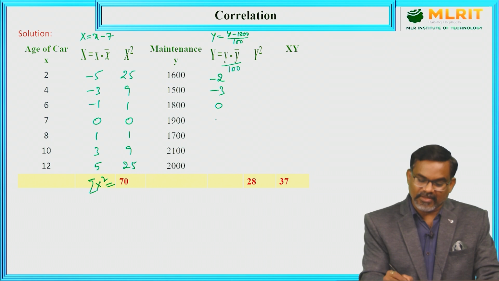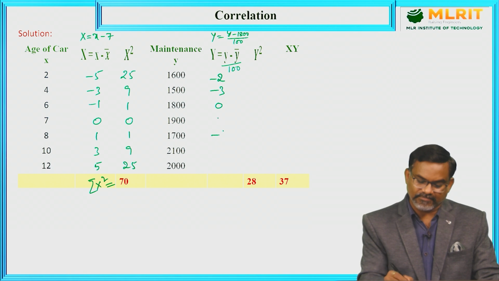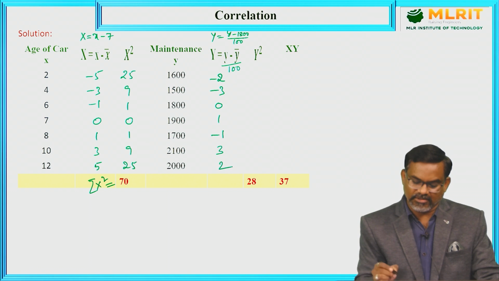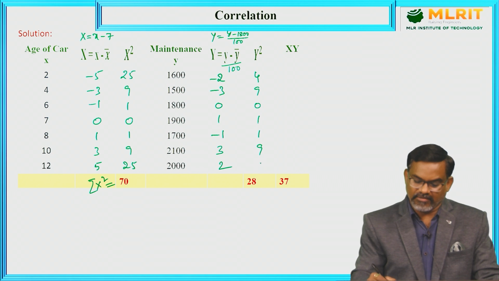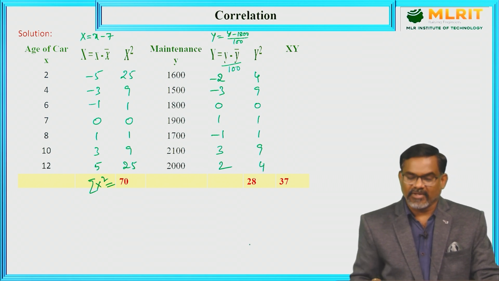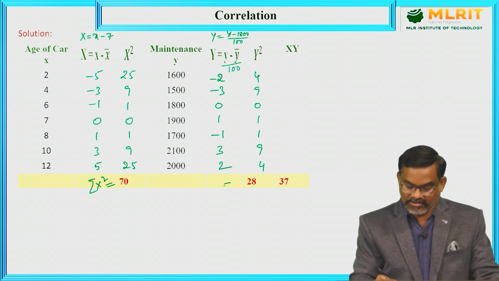Then 0, 1, 2. Now square the values of y: 4, 9, 0, 1, 1, 9, 4. So 9 plus 1 is 10, 20, 28. This is sigma y square.